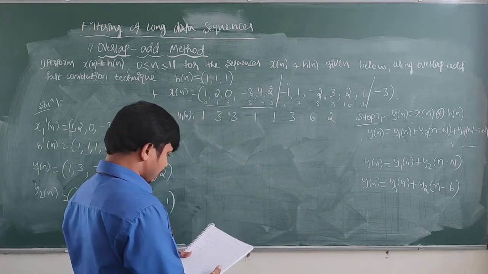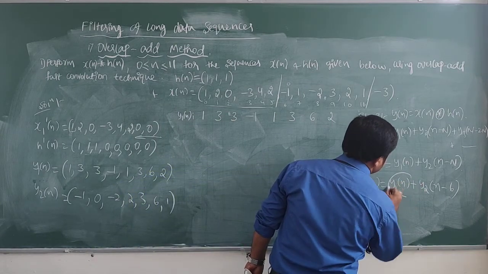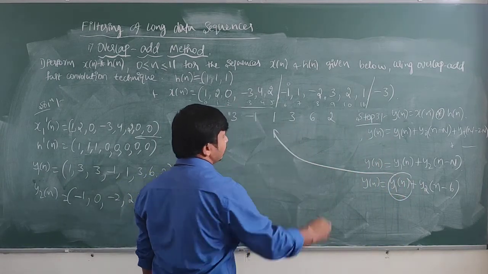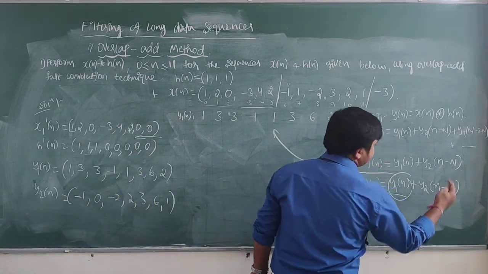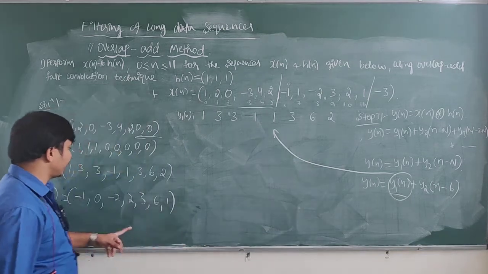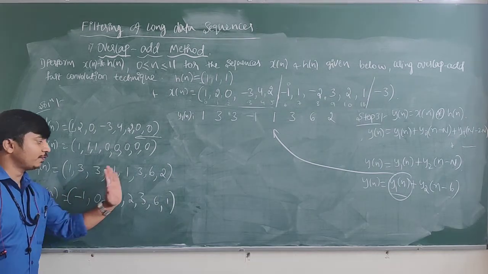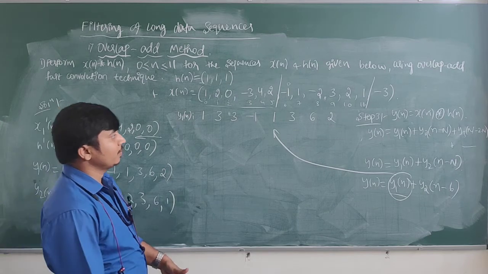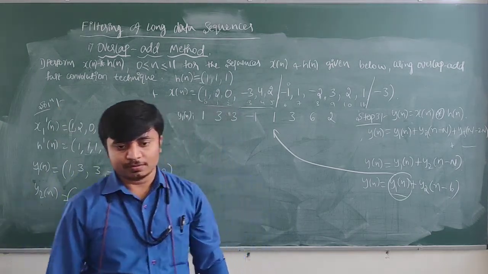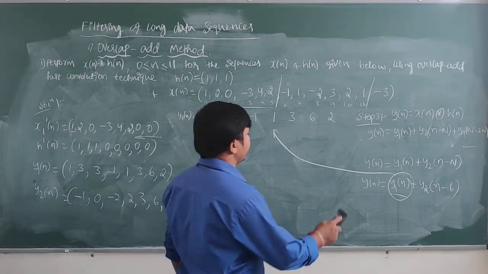So y1 of n is finished. Next is y2 of n minus 6. Here I have y2 of n, and y2 of n minus 6 means it should be shifted six units to the right. So shift this y2 of n to the right side by 6 units.